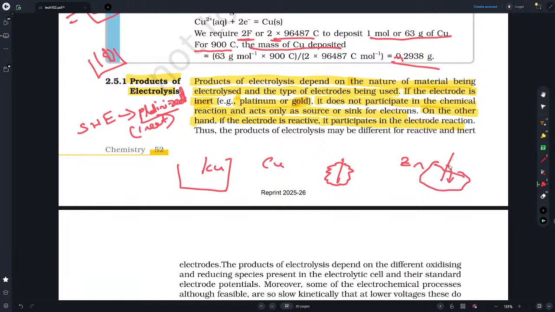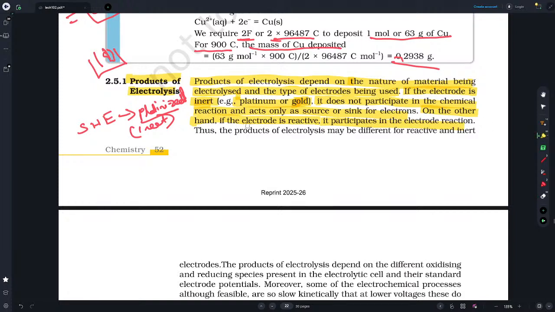This zinc keeps on decreasing as it dissolves in the solution to give zinc 2+ and give the electrons to the electrode. Here, in the Daniell cell, copper and zinc are both participating in the reaction, so we can call them reactive electrodes.